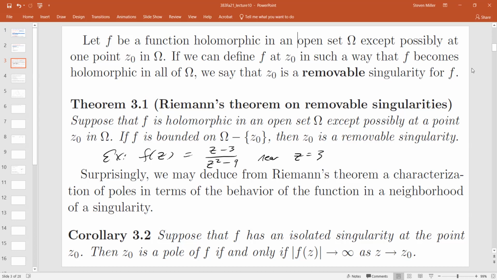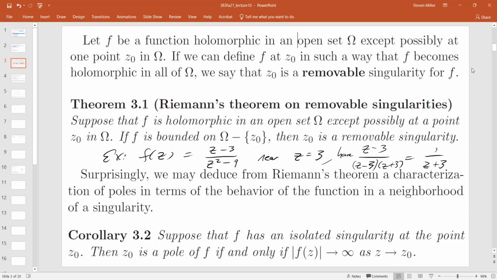Near z equals 3, this function looks bad initially, but then you notice, wait a minute, we have (z minus 3) over (z minus 3)(z plus 3).